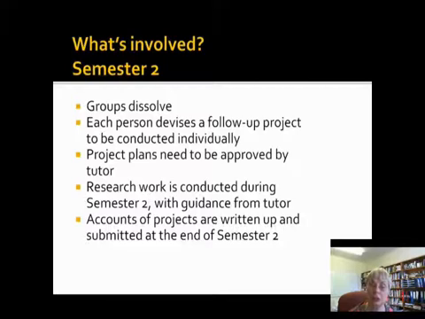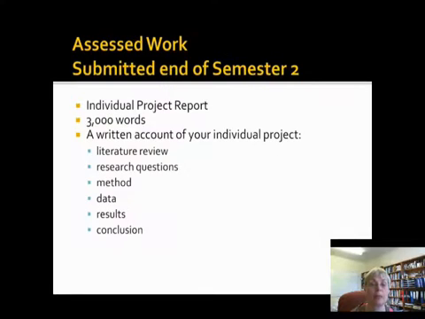You do it during semester 2 under guidance from your tutor, and then you write it up within semester 2 as well, so it doesn't distract you in the Easter vacation when you're doing other sorts of assessed work. We've staggered the deadlines here, so this particular project is done within semester 2 and handed in by week 11. That assessed work, as I say, is a project report of 3,000 words, covering, again, the same areas that I've already mentioned.